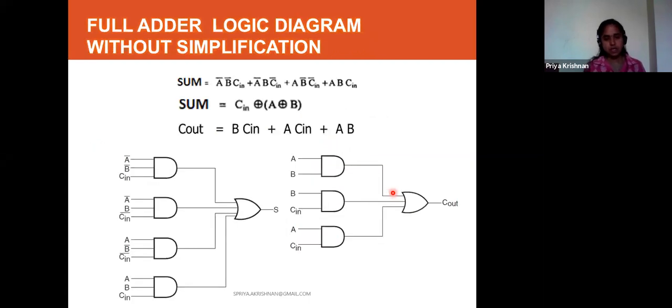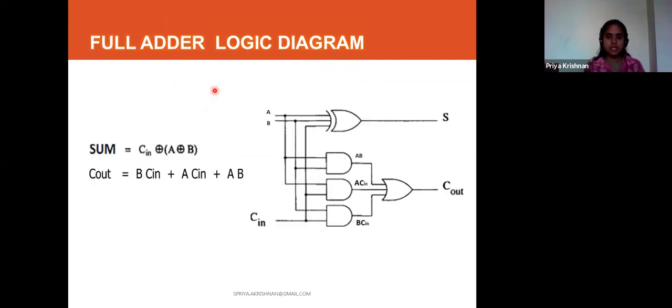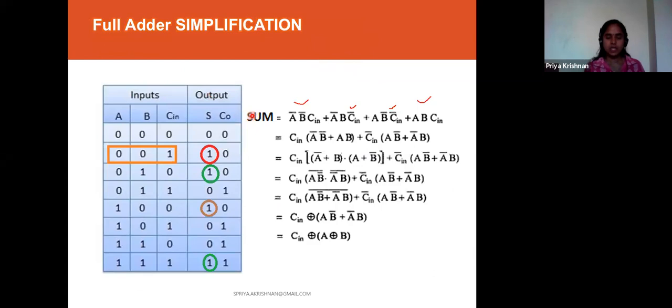Here also I am getting sum as my output, but I am not taking the final expression. Instead of taking the final simplified expression, I tried to implement the expression of sum which I obtained in the first step. See, here I got one expression, no? Expression for sum.